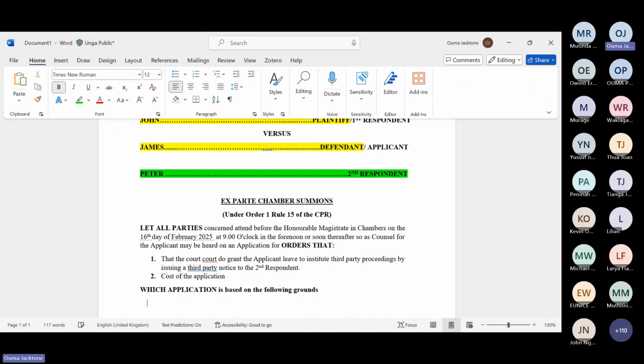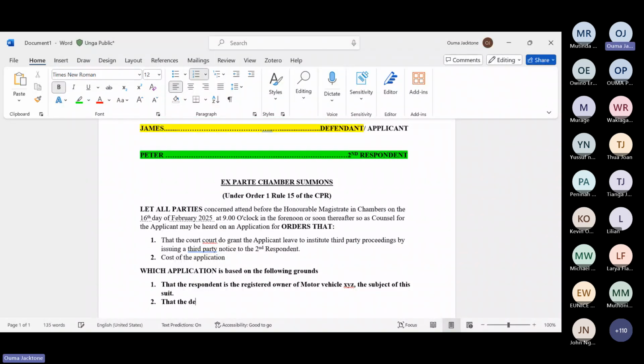Okay, ground one: that the respondent, for instance, assuming it is a motor vehicle accident, that the respondent is the registered owner of motor vehicle XYZ, the subject of this suit.